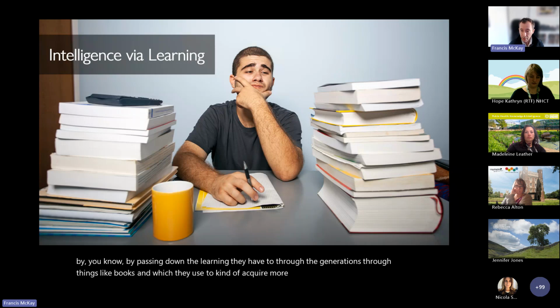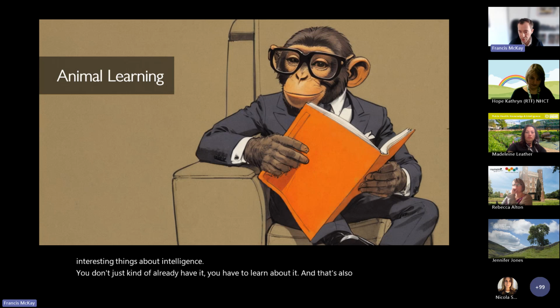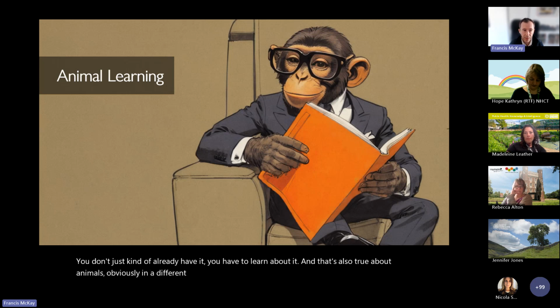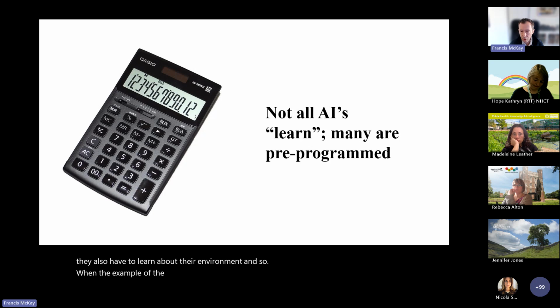You don't just already have it, you have to learn about it. That's also true of animals. Obviously, in a different way than humans, but they also have to learn about their environment.